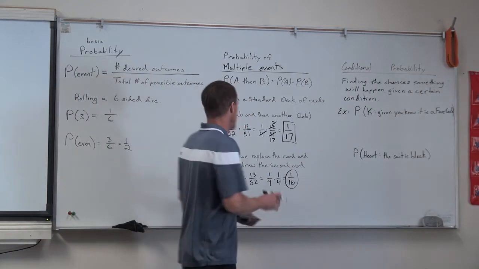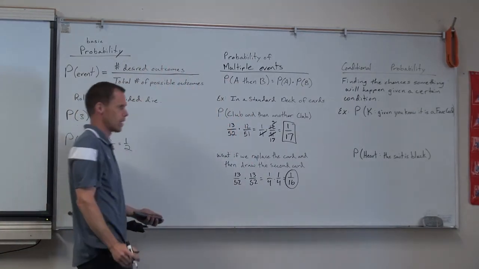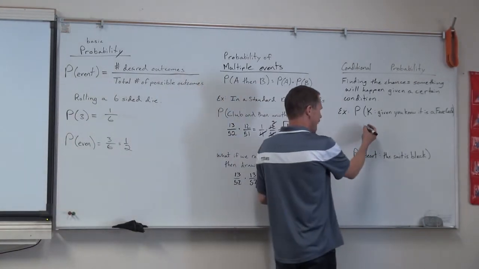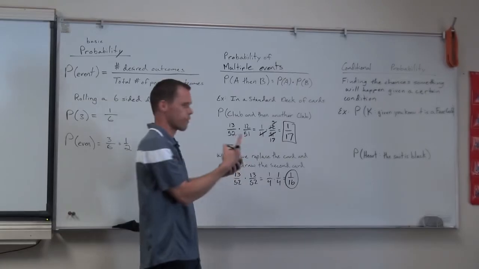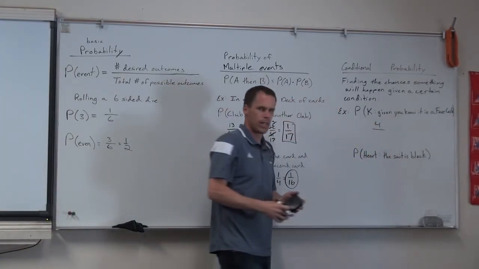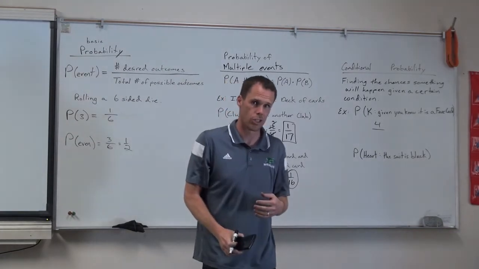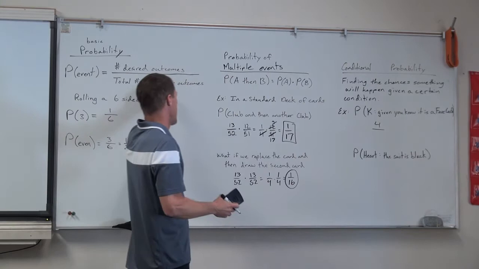Well, it's still all about number of desired outcomes divided by total possible outcomes. So the number of desired outcomes, how many kings are in the deck? 1 of each of the 4 suits. So 4. But now I don't put it over all the total cards. Now it's how many cards are face cards. That's my possible outcomes.